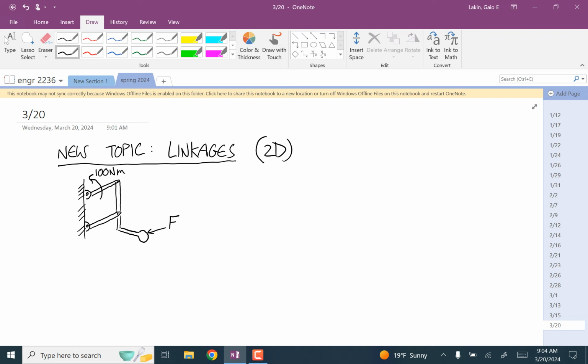And let's say that solving a linkage means finding the angular acceleration vectors of each body.